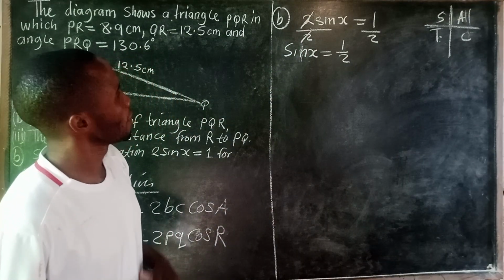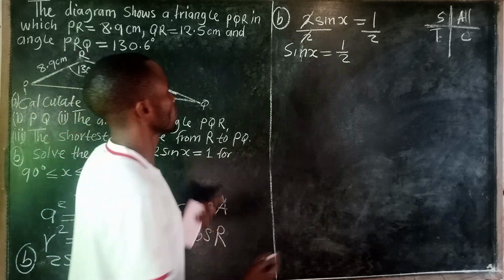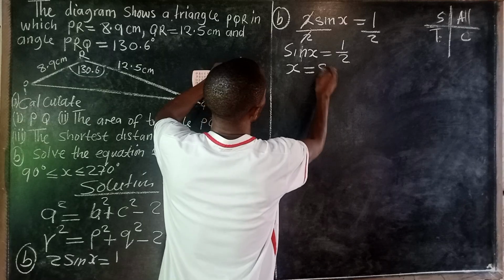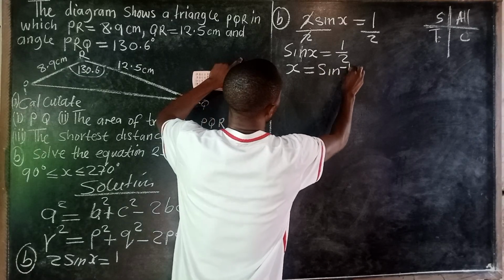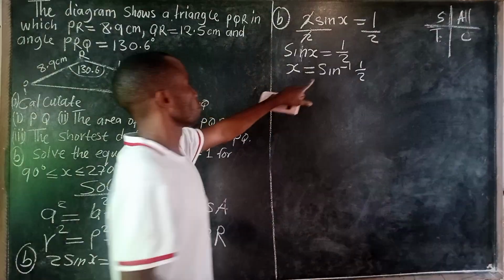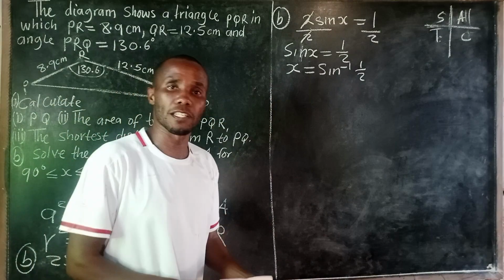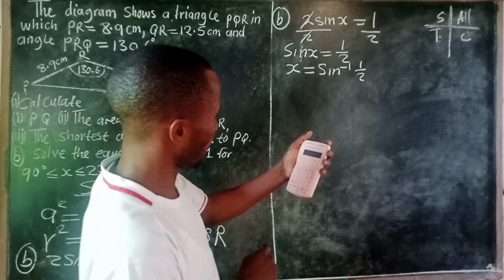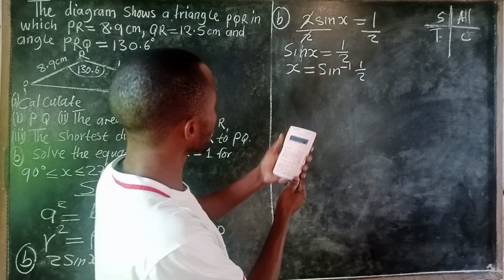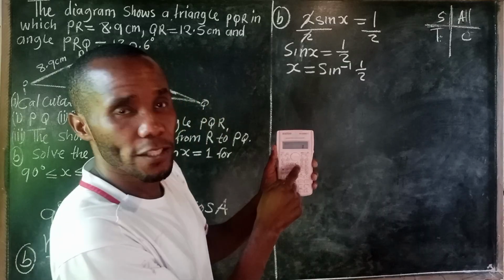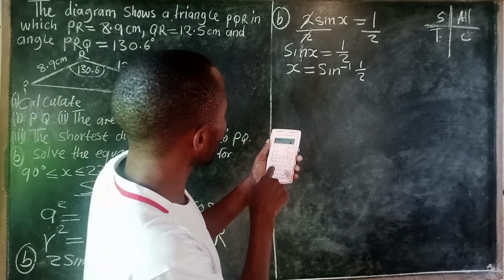Then to find x, we use the calculator's shift function. We say x equals sine inverse of 1 over 2. For sine inverse, you have to place the second function on the calculator, which is shift.